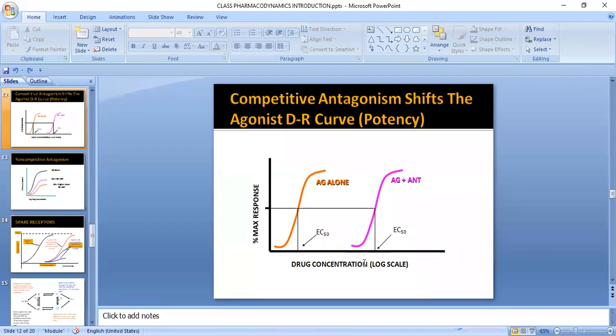This parallel shift is the increase in the drug concentration. When we double the dosage or increase the drug concentration, we will be able to get the same amount of response. This type of response we call competitive antagonism.